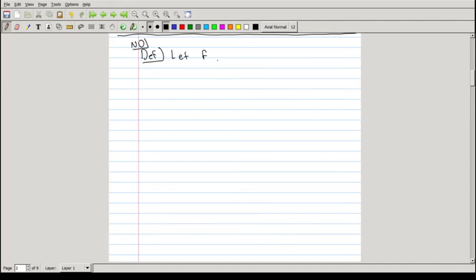Let f be a function from n-dimensional space to R defined on some region D within the natural domain of the function f.